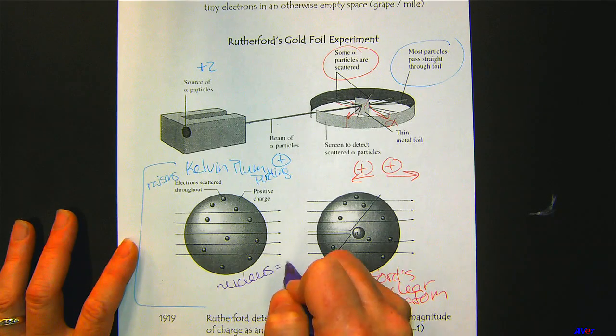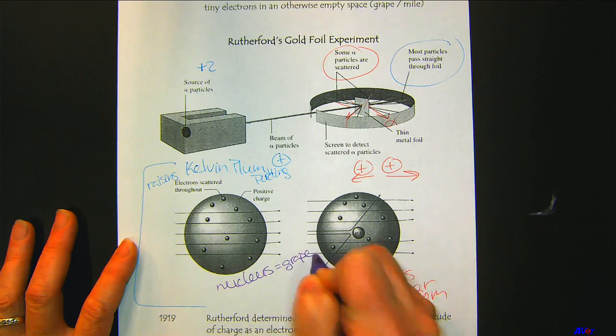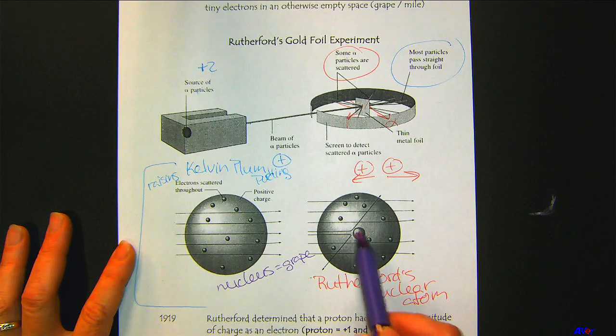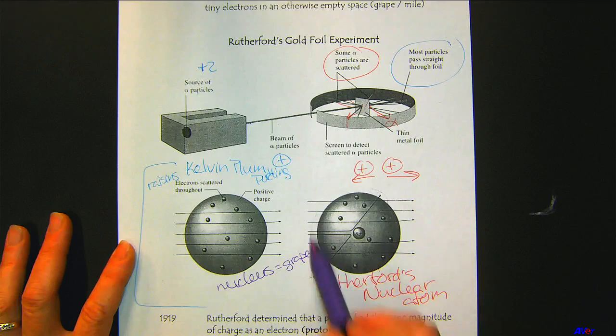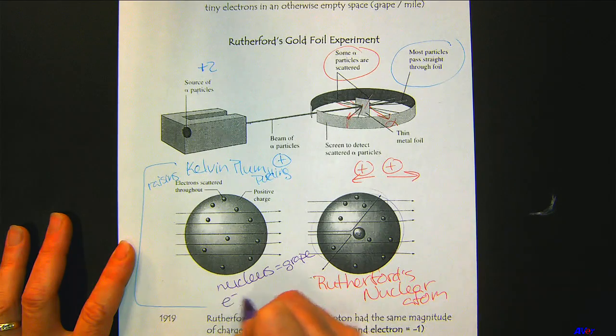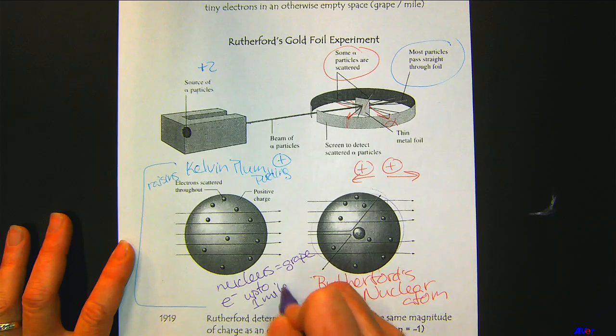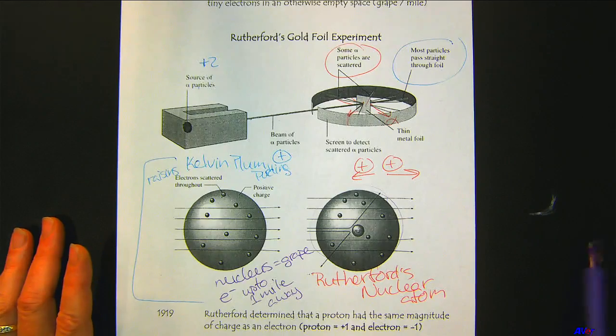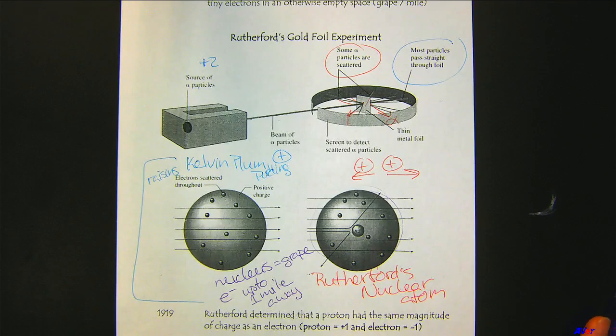So let's say we made the nucleus the size of a grape. Then if you imagine the nucleus as being the size of a grape, the electrons are up to 1 mile away. All right?